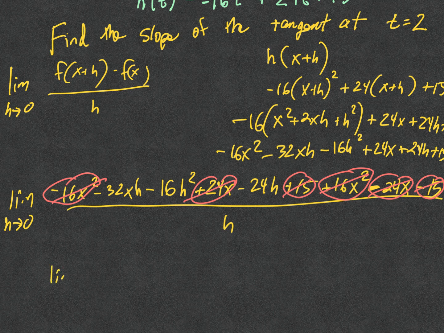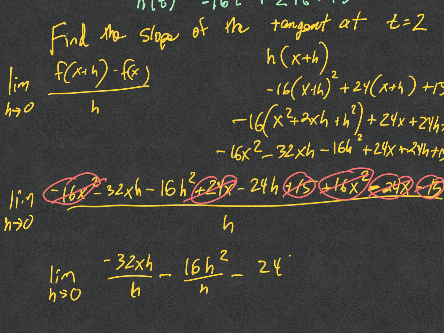The limit as h approaches 0 of negative 32xh over h minus 16h squared over h plus 24h over h equals the limit as h approaches 0 of negative 32x plus 24 minus 16h.